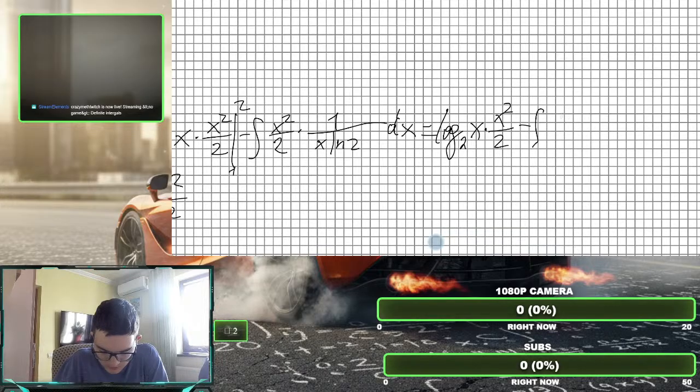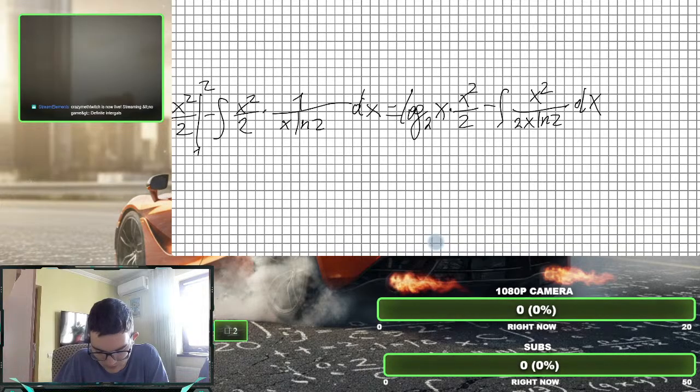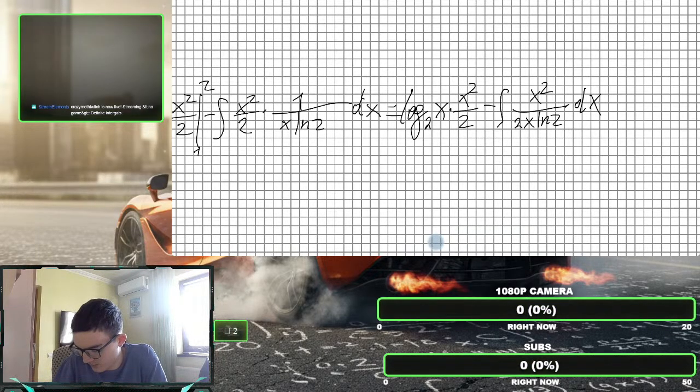Integral, at the top I have x to the second power, and at the bottom 2x ln 2 dx, and I have a formula right for where I have x to the second power divided by something, right? I should be having a formula like this.